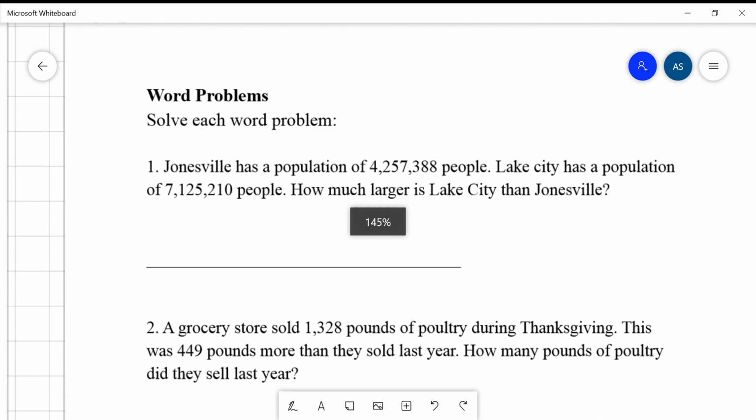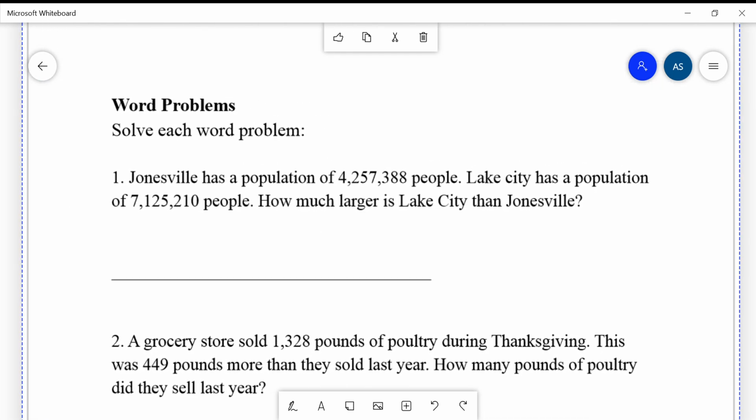For the word problems, number 1, we have Jonesville has a population of 4,257 and 388 people. Lake City has a population of 1,025 and 210 people.